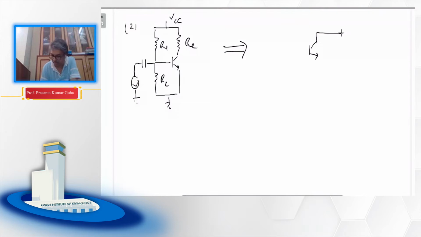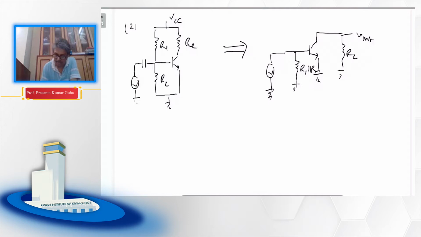So this is your RC, we are taking Vout here. The emitter is grounded in this particular case, and you see R1 and R2 are basically parallel, and they are between base and ground, because this VCC is grounded for our AC analysis.